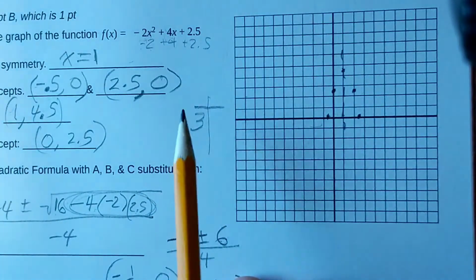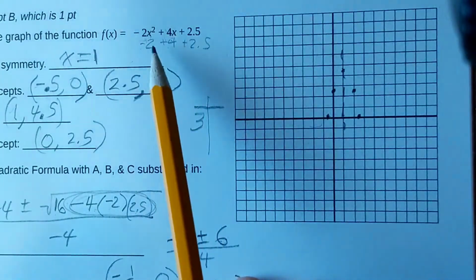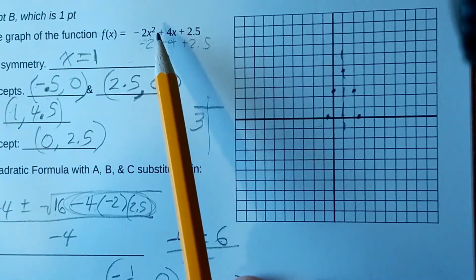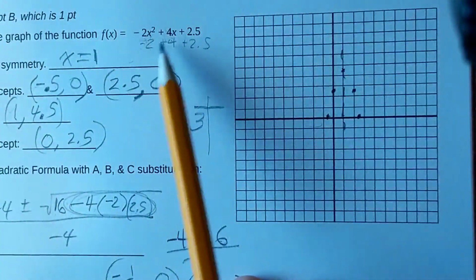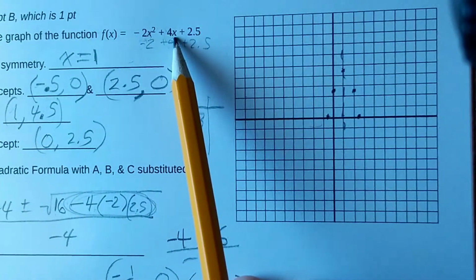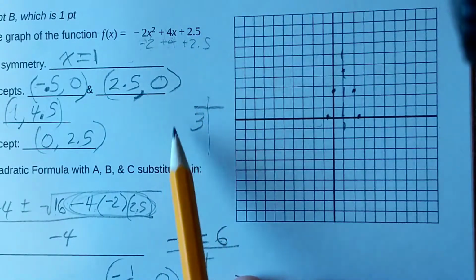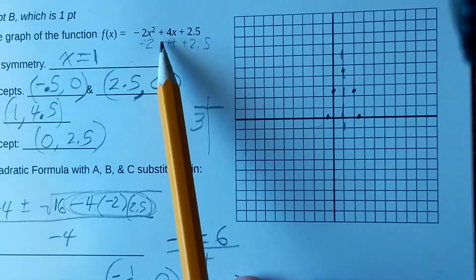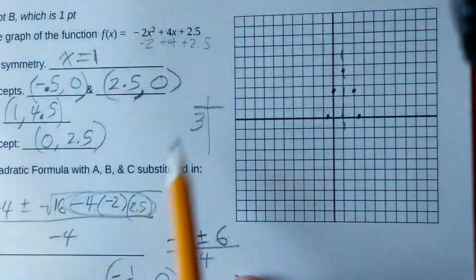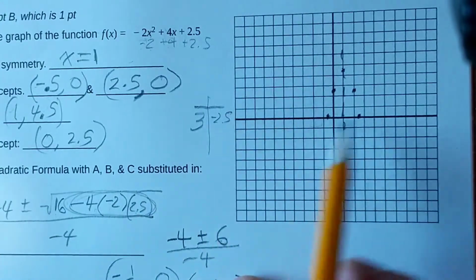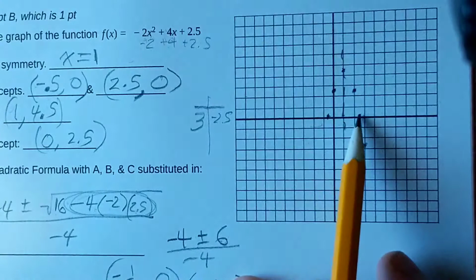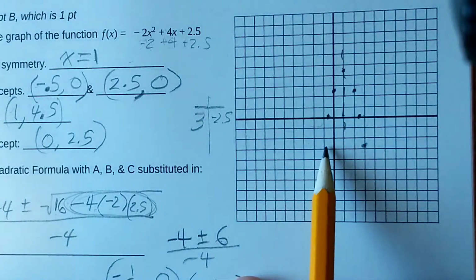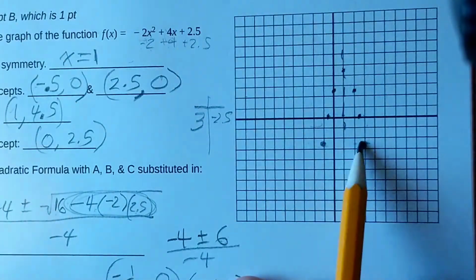Put a 3 in there. 3 squared is 9 to -2. -18 plus 12 is -5 plus 2.5 is -2.5. Mirror image, that's right next to that, so right there, that's supposed to be a 2.5.